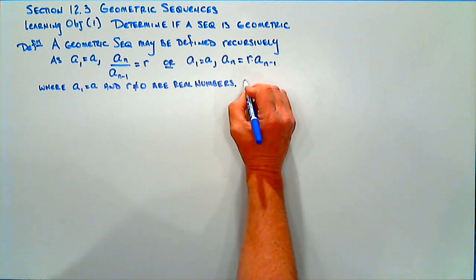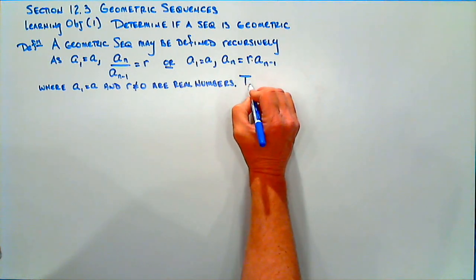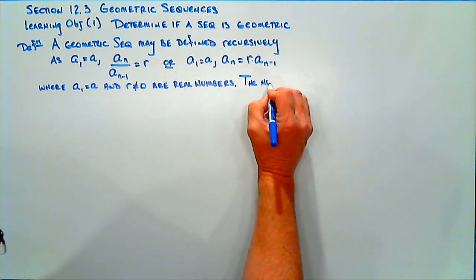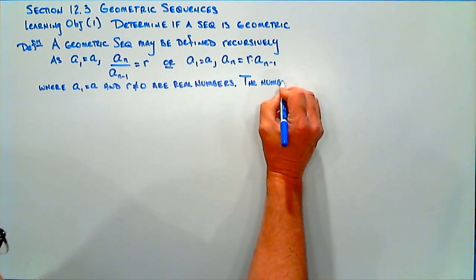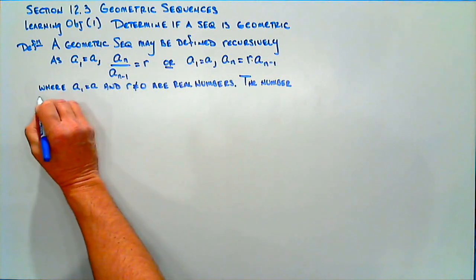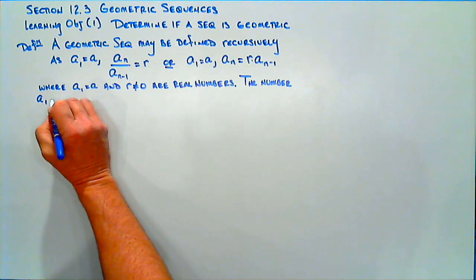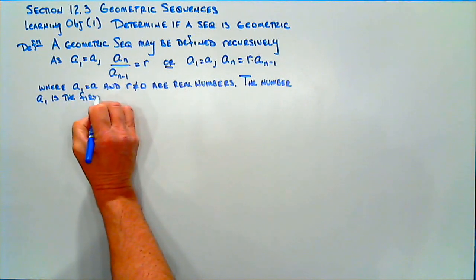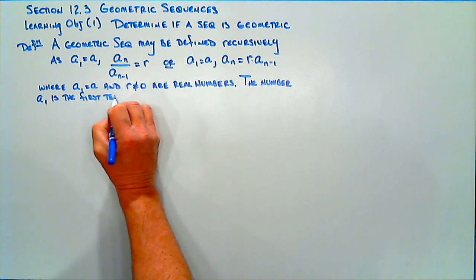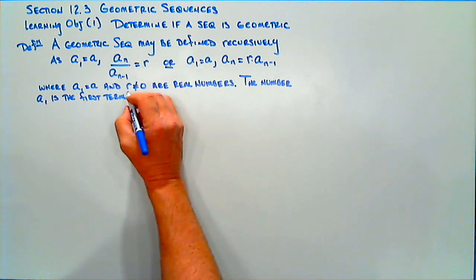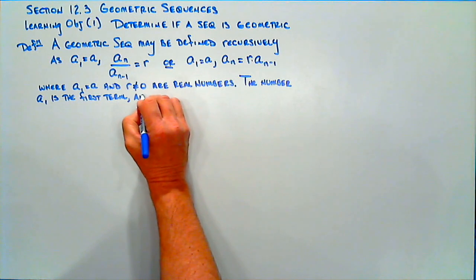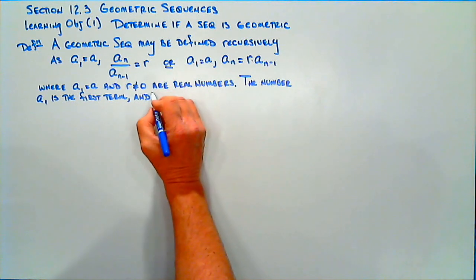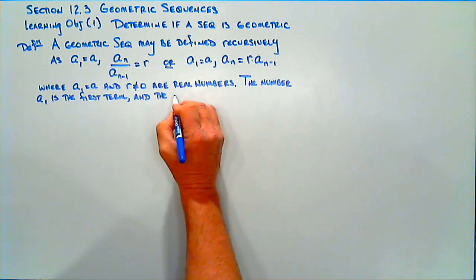We go ahead and say the number A1 is the first term, and the non-zero number, right? We said it couldn't be 0.